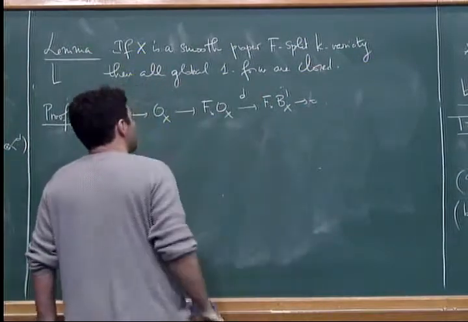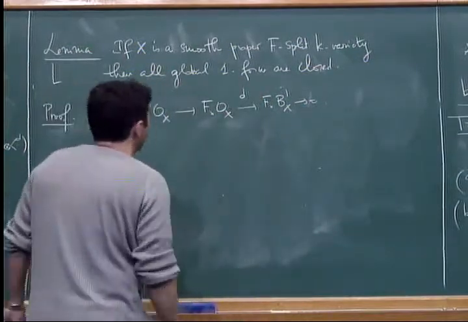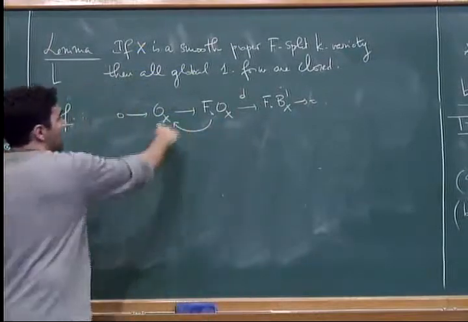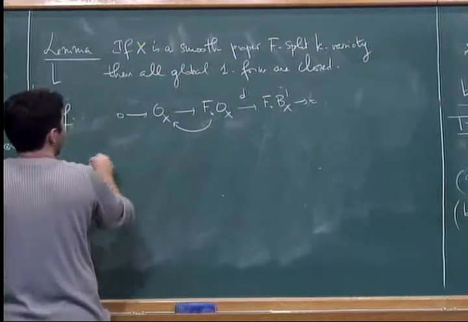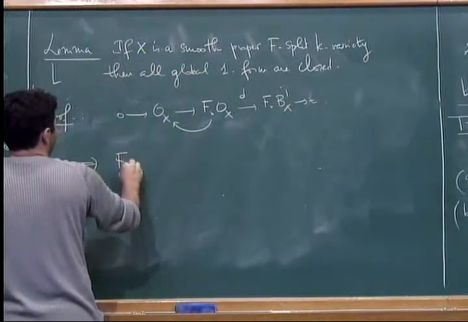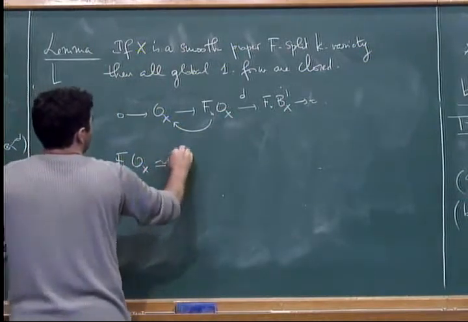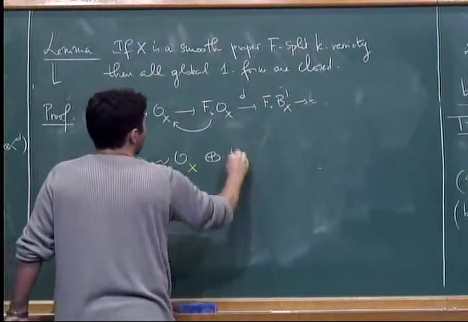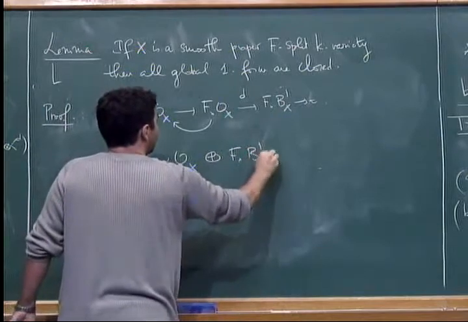Here this is a differential. Here this is the p-th power. But we know that this map splits. So this implies that the pushforward of O_X is the direct sum of both.